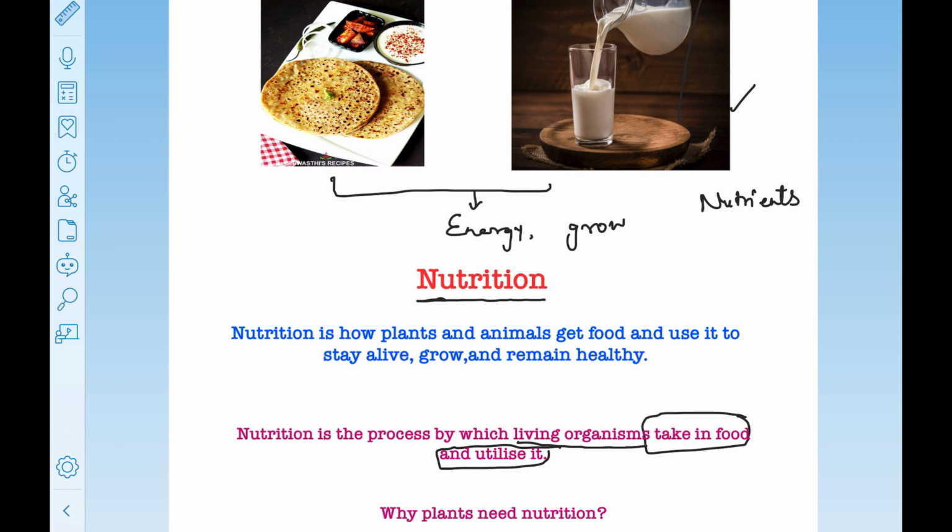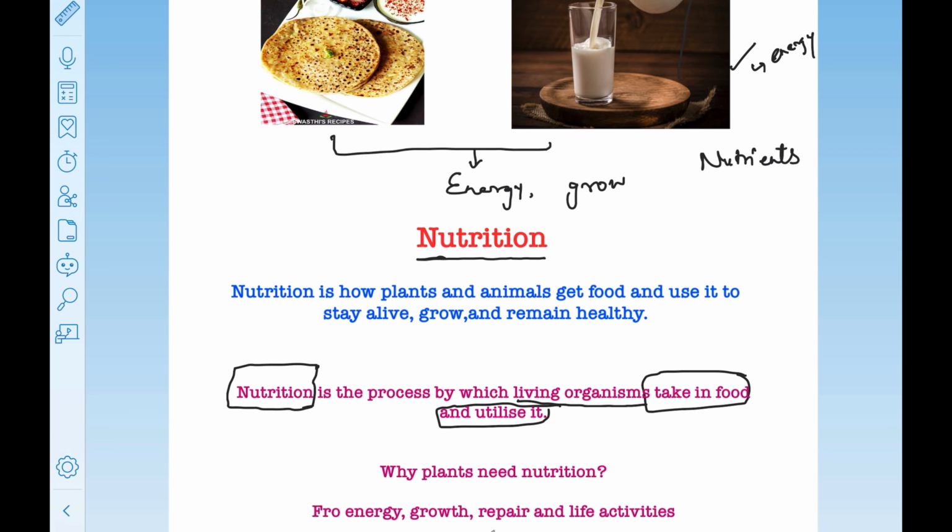We take milk and this milk provides us energy, right? So how does this happen? How does the milk provide us energy? Because of this process. So we can say that nutrition is how plants and animals get food and use it to stay alive, grow and remain healthy.